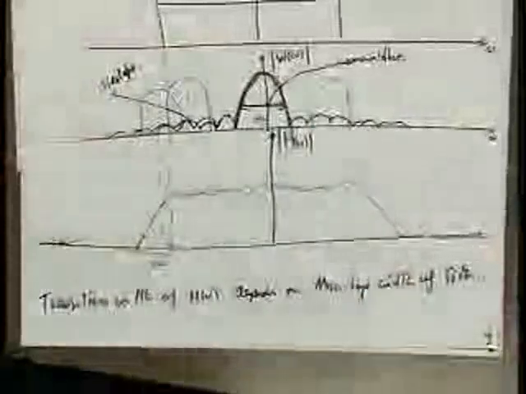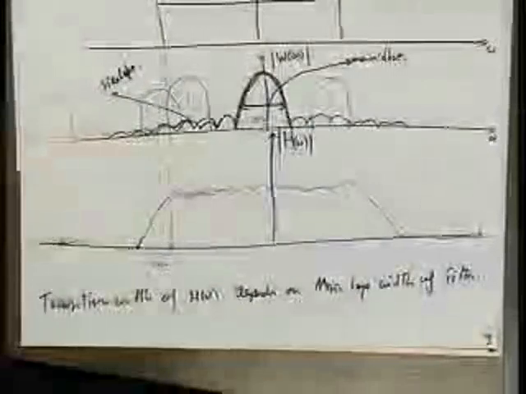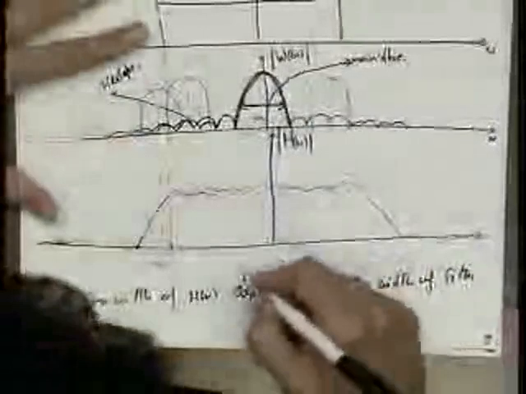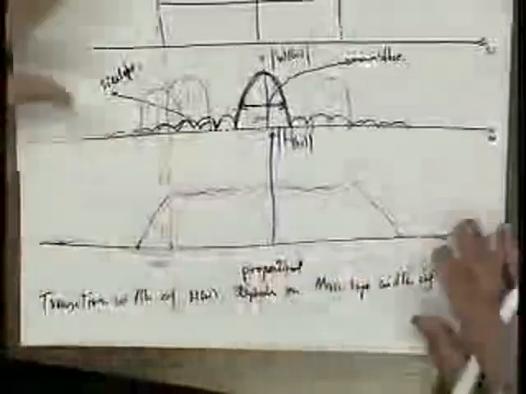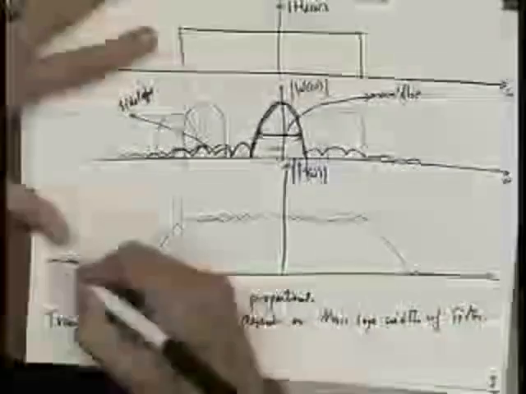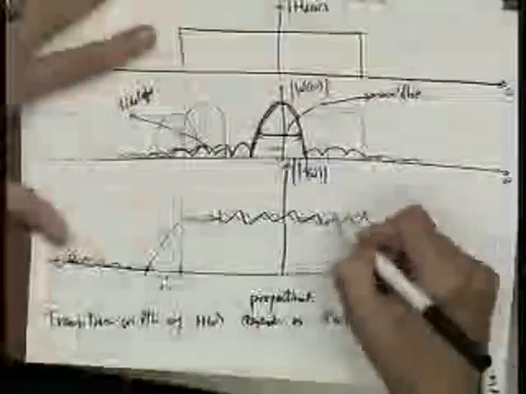So the transition width of H of omega depends on the main lobe width. And what else can I say? Depends on, or we can say proportional, it doesn't matter. What else can I say? How about the ripple here, and the ripple there, and the ripple there? What does that depend on?